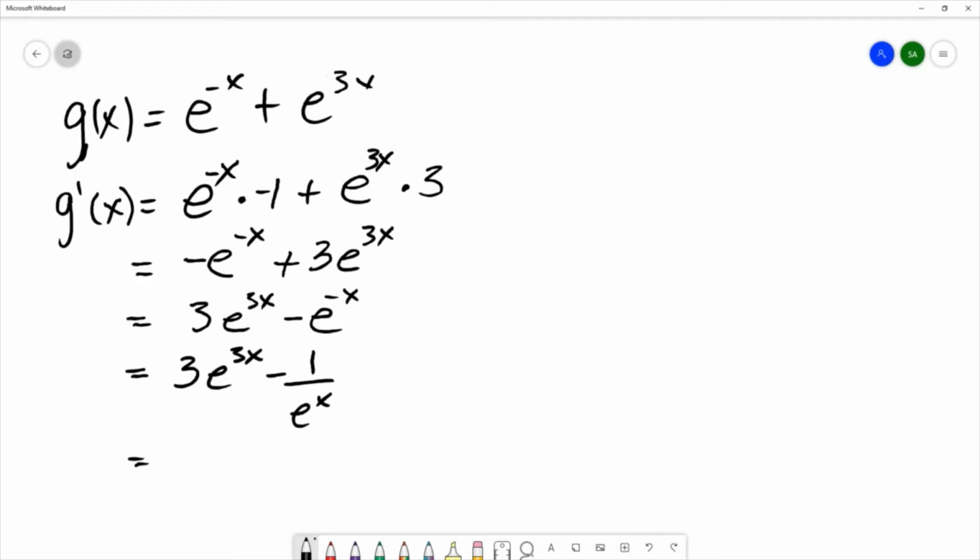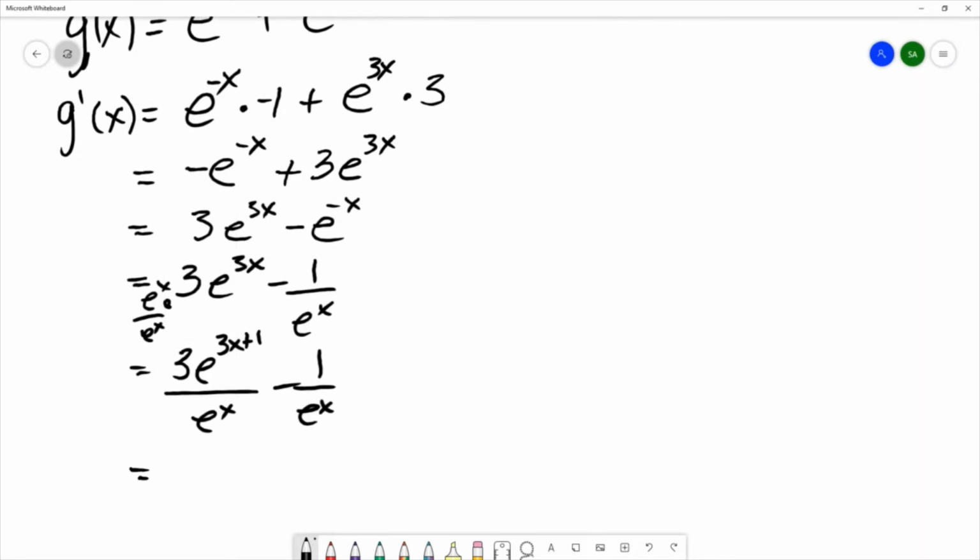So I would multiply by e to the x over e to the x. That would give me 3e to the 3x plus 1 over e to the x minus 1 over e to the x.